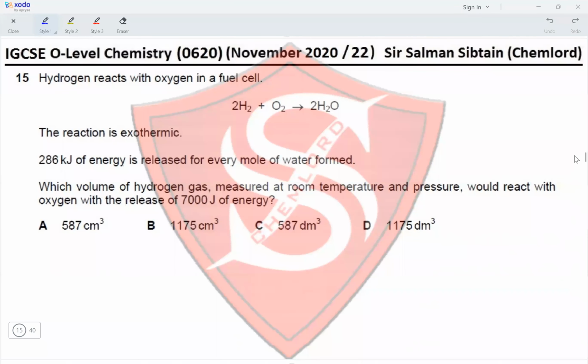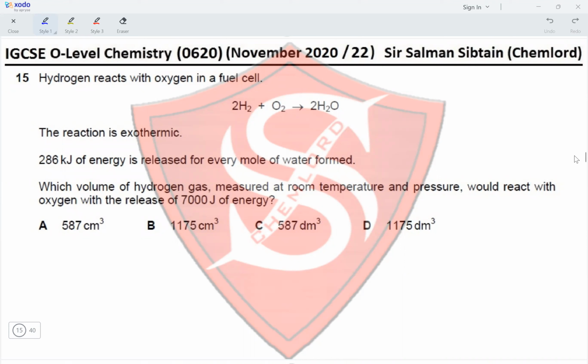Question 15. Hydrogen reacts with oxygen in a fuel cell. The reaction is exothermic. 286 kilojoules of energy is released for every mole of water formed. Which volume of hydrogen gas measured at room temperature and pressure would react with oxygen with the release of 7,000 joules of energy? So first we need to calculate the number of moles of hydrogen that are present.